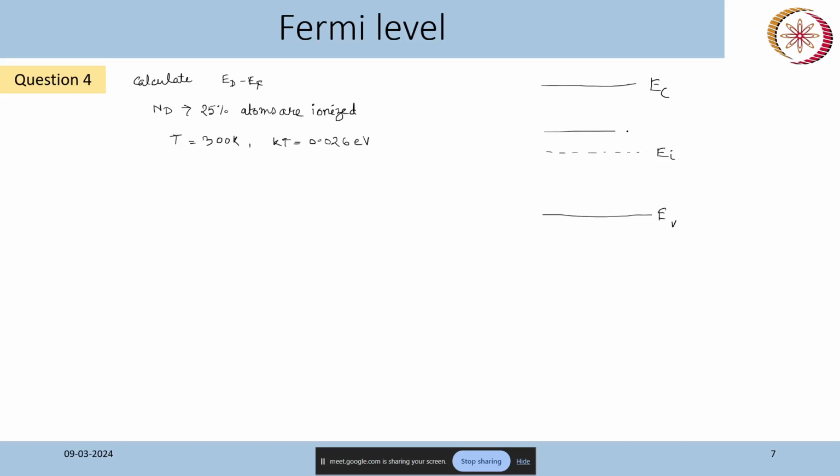So let's say EF is here, and ED, the donor level, will be somewhere near EC. This gap is actually very small, about 30 milli-electron volt or so for many semiconductors. We actually have to calculate this energy difference.